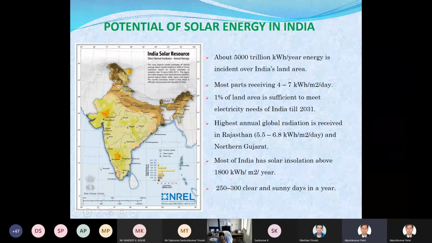The highest annual global radiation is received in Rajasthan, and land to install systems is also available there. Most of India has solar radiation of about 1,800 kilowatt hour per meter square.